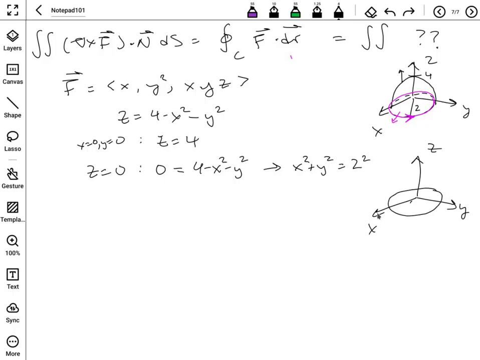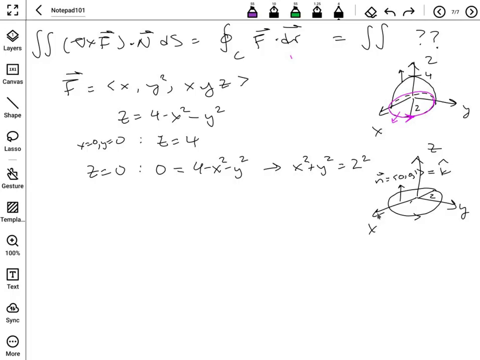Okay, I've got that curve, I've got radius 2, and everywhere this normal vector is just k hat, 0, 0, 1, because this surface is flat. So already this is an easier problem because I don't care about two components of my curl.